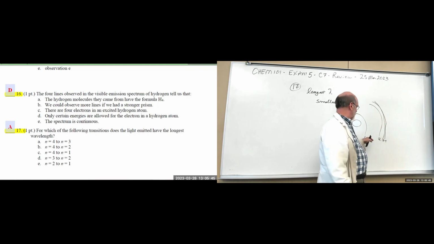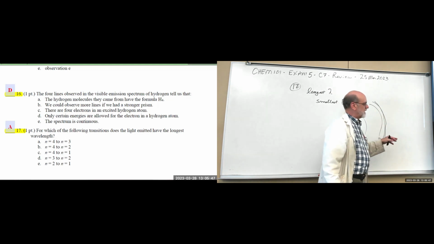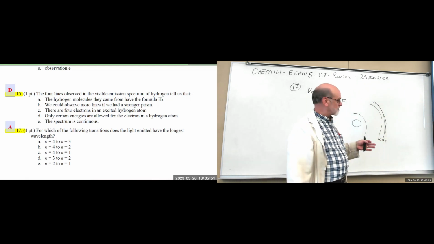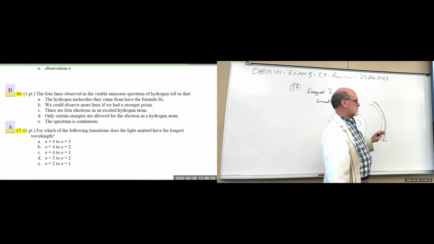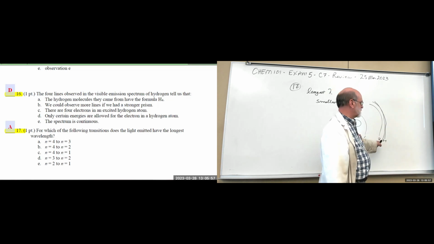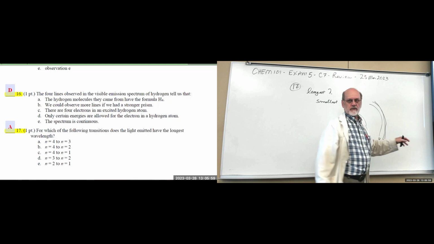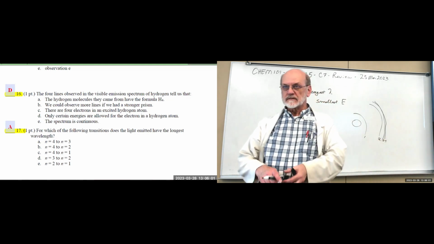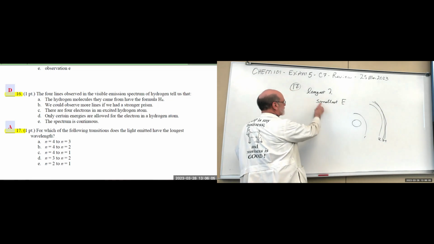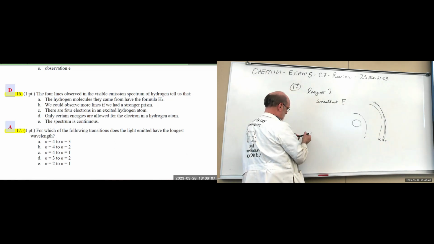If you got anything going to the first or the second level, then the wavelength's too short. Okay. So 4 to 3, 4 to 2, 4 to 1, 3 to 2. No, 4 to 3 would be the shortest jump. Yep. So that would be the smallest energy, longest wavelength.